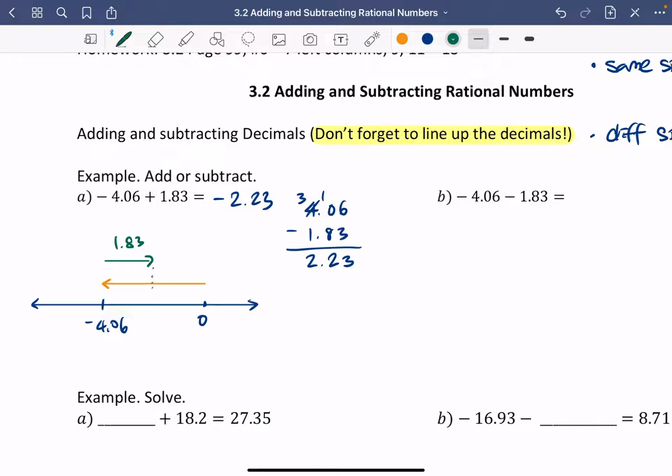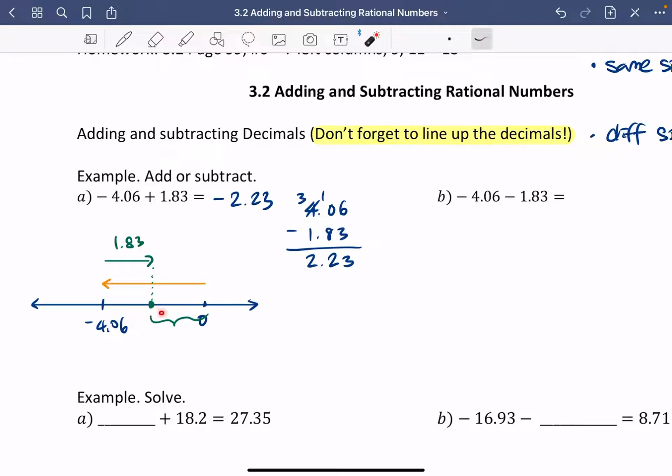So then the number you're getting will be this one. This green dot will be the number you're getting. And so to find this green dot, you need to find the distance between this green dot and 0. And because the green dot is on the negative side, your final answer will be negative.